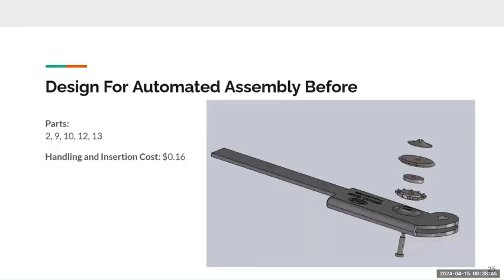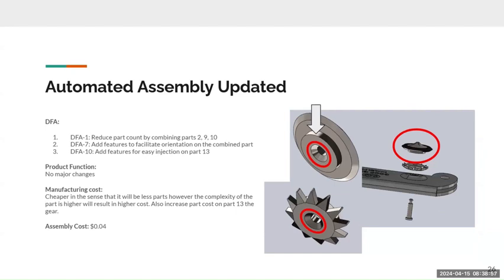Here we pick the sub-assembly for the upper arm for automated assembly. This is the before image with the components picked and the cost shown. After updating the assembly, parts 2, 9, and 10 were combined as they had similar functions, and also got added features for better alignment.